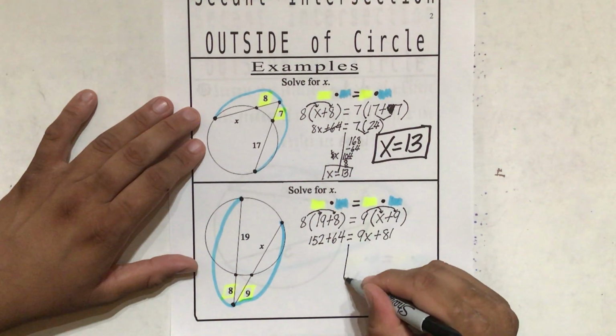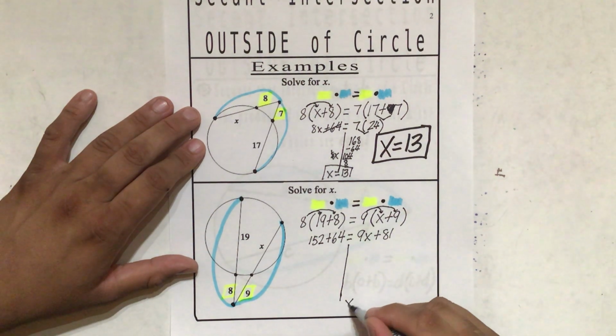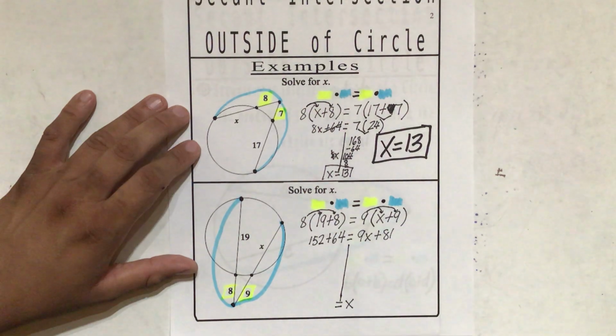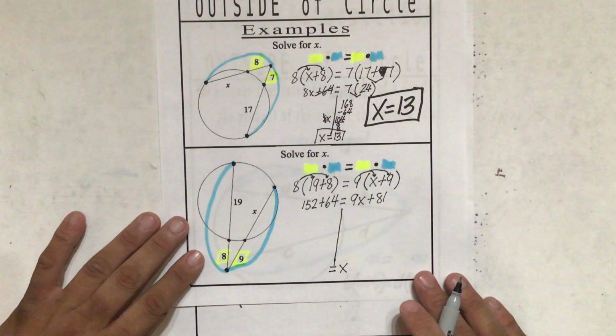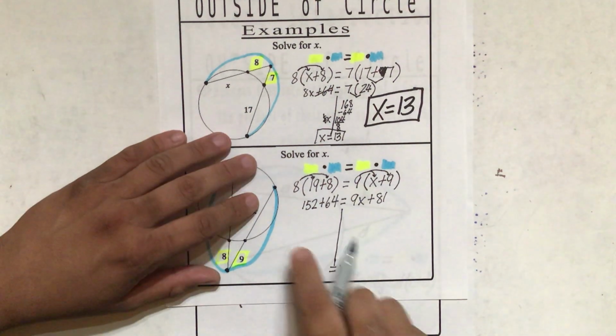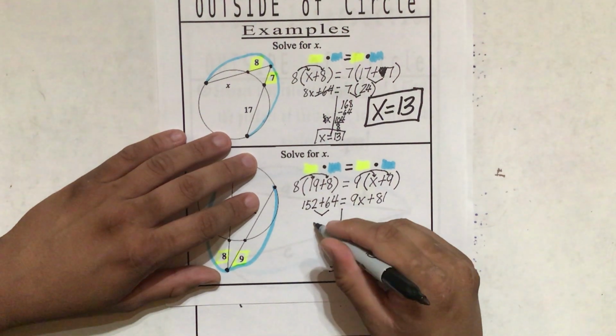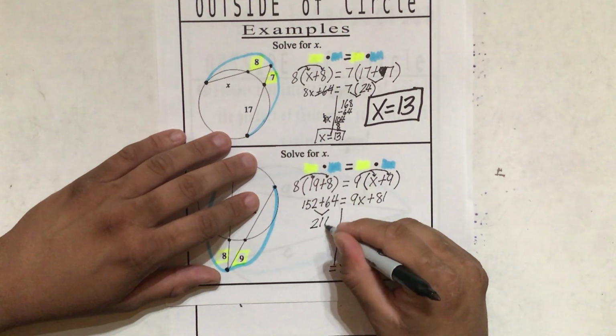So we're going to draw our line of separation here. My x is on the right side, so I want to leave x here by itself like this. So 152 plus 64 is 216.